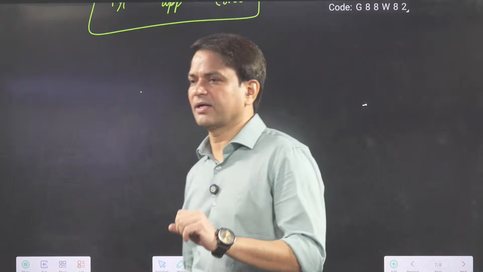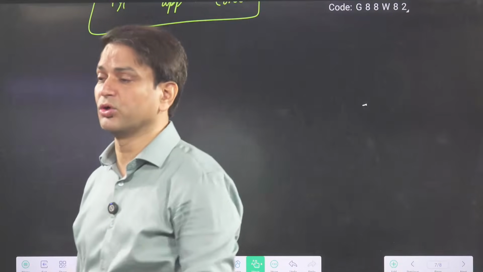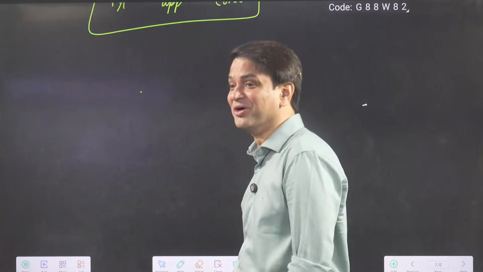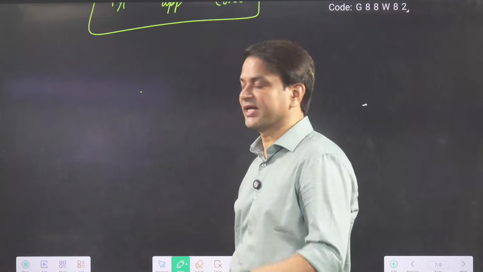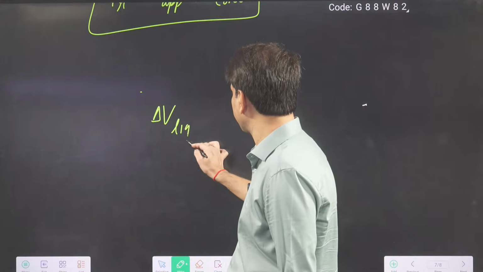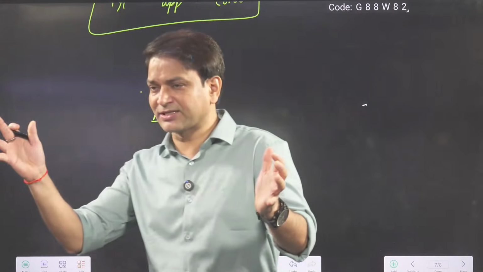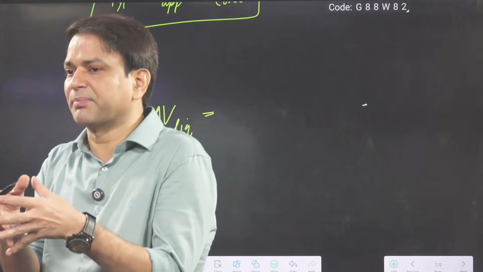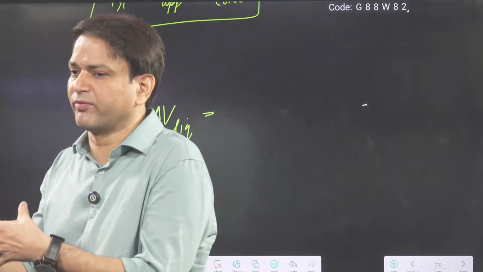So suppose what I said, that's why I said this relation is only applicable when the container is completely filled. Suppose the real expansion of the liquid, delta V liquid real, is equal to what? Some container will expand and some liquid will expand.